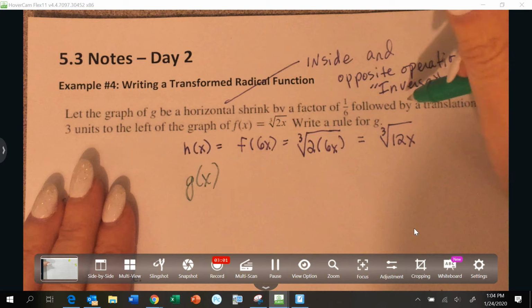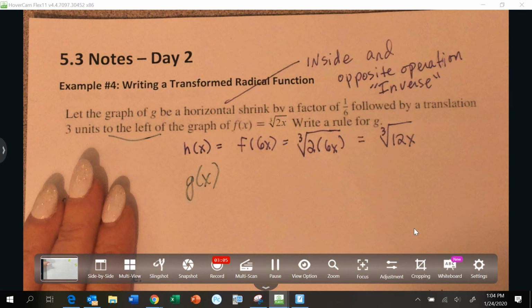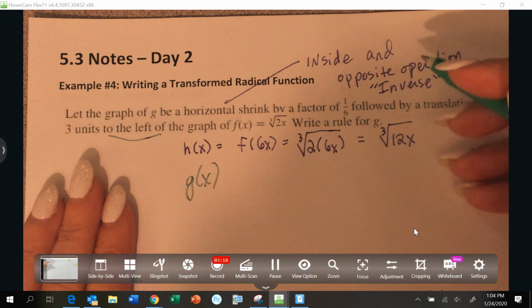Now it says g of x, so now I'll start g of x. And it says we're going to do a translation 3 units to the left. So again, we've got horizontal. It's got to be on the inside, and it has to be the opposite operation, or the inverse of subtracting, which is adding.